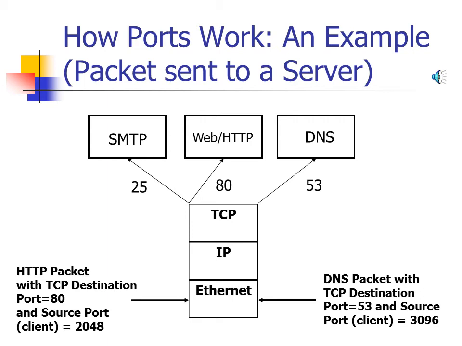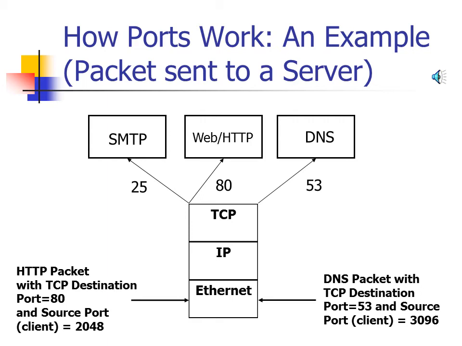Now in our example, we're going to see how 2 different packets are processed coming into the server. On the left, we have an HTTP packet, and on the right, we have a DNS packet. Now, in our first example on the left, with an HTTP packet, that is a packet that is going to have been created by a web browser.